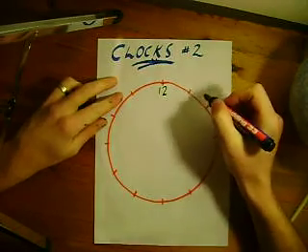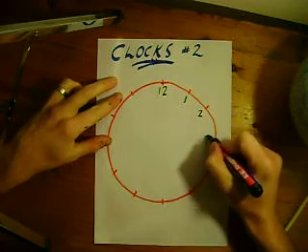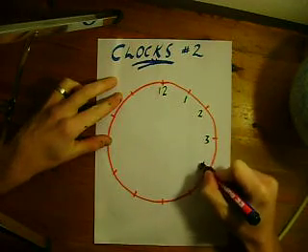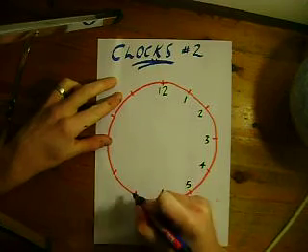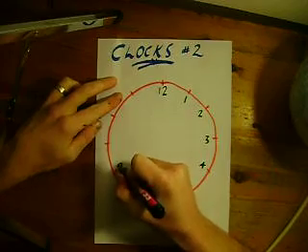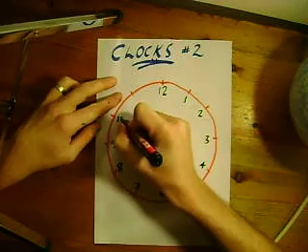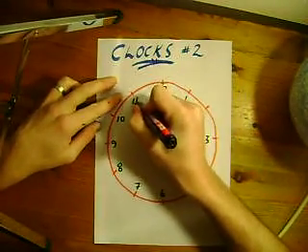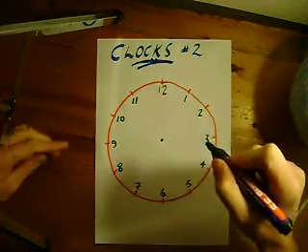Then we just counted, didn't we? 1, 2, 3, you guys can all do this. 4, hopefully you can. If not, count with me. 5, 6, count after me. 7, 8, 9, 10, 11, and 12 at the top, isn't it?